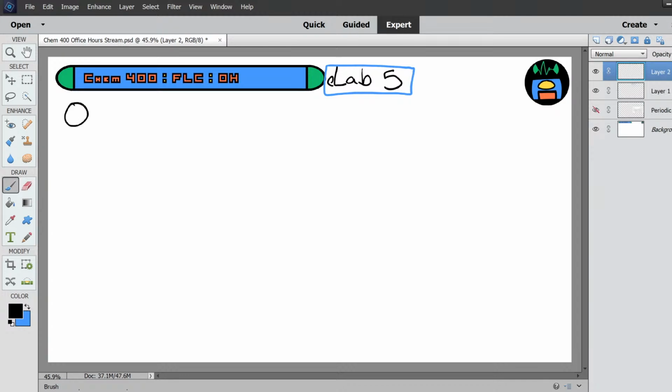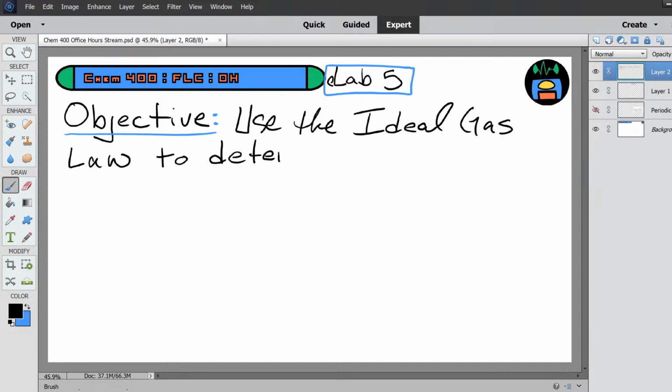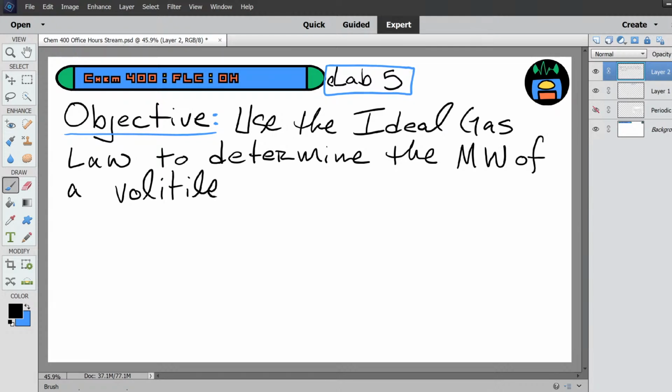Okay, so the objective for this experiment is we are going to use the ideal gas law to determine the molecular weight of a volatile liquid.